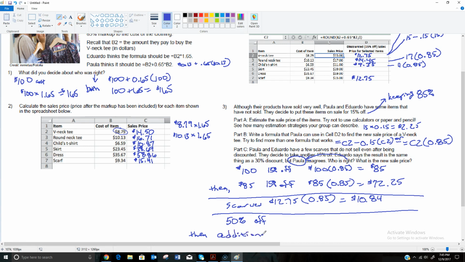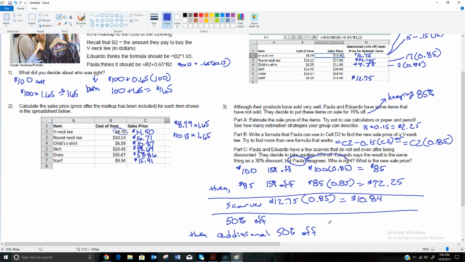Well, if Eduardo's thinking was true, when you take 50% off and then another 50% off, you'd be taking off 100% and you'd get it for free. But that's not the case.